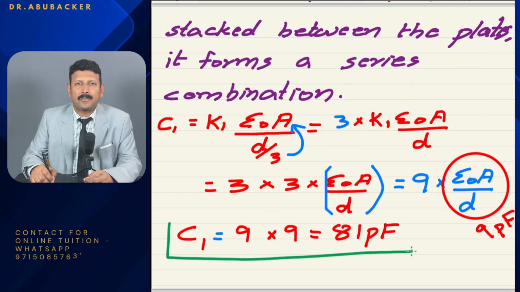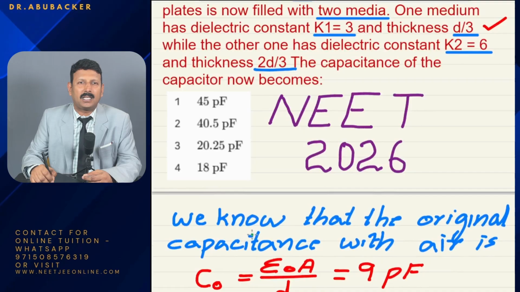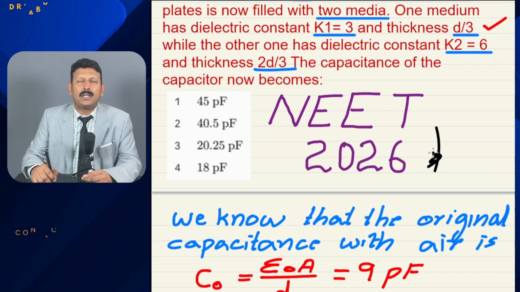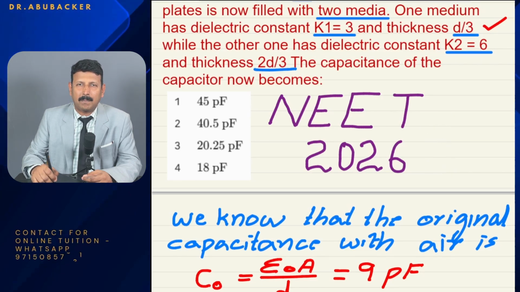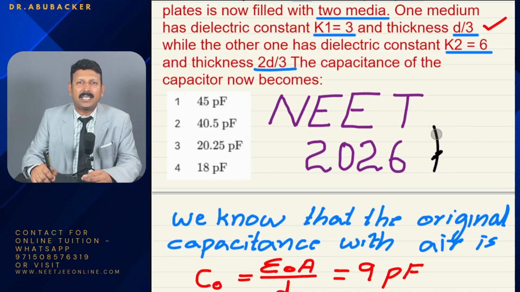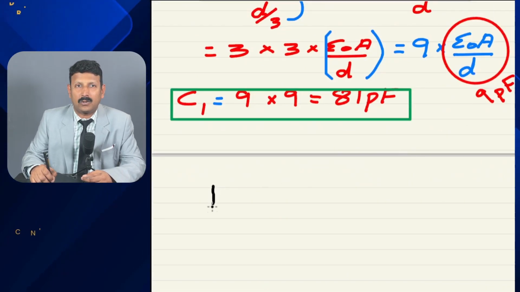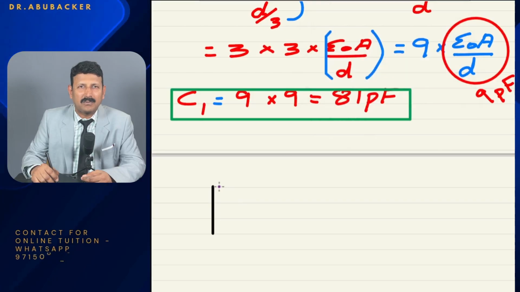First part done. So, two materials placed between the plates, right? First material is this one. Now, we are going to look into the second one. If you like, you can draw it: between the plates, two dielectrics will be placed in series. Without a drawing also you can do it, if the theory is clear for you. Till here everything fine, right?